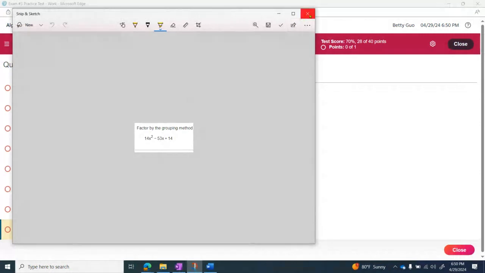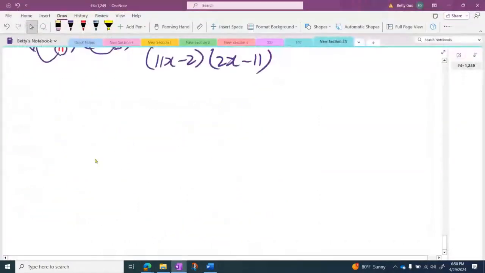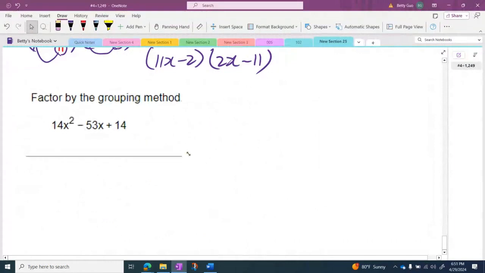Oh, I have this already. I got a trinomial. We're going to factor this trinomial. Observe the GCF. 27, 53, so there is no GCF, or the GCF is 1. Select slide divide slide.